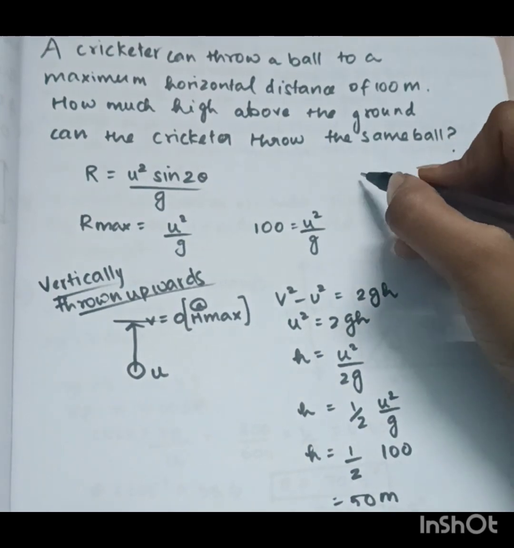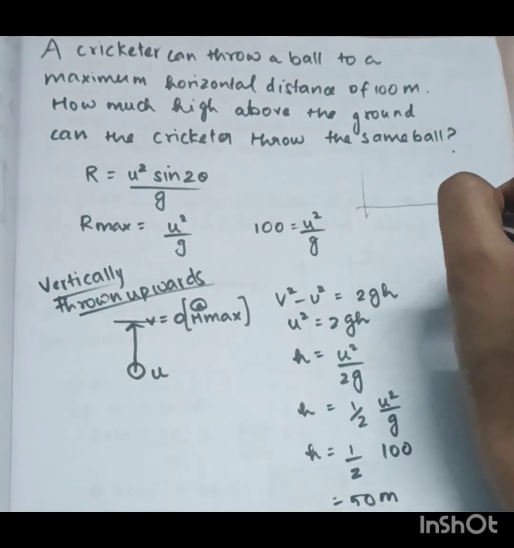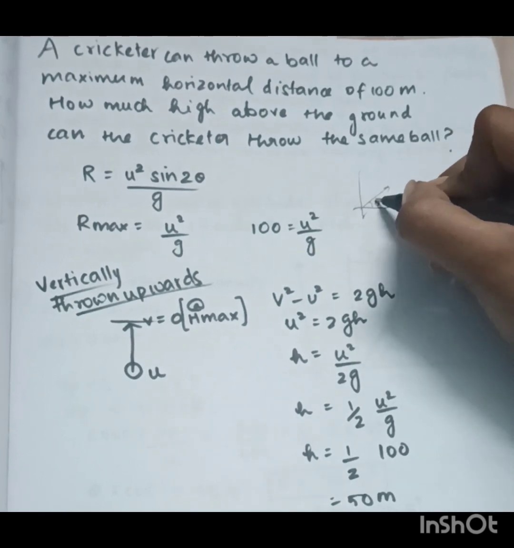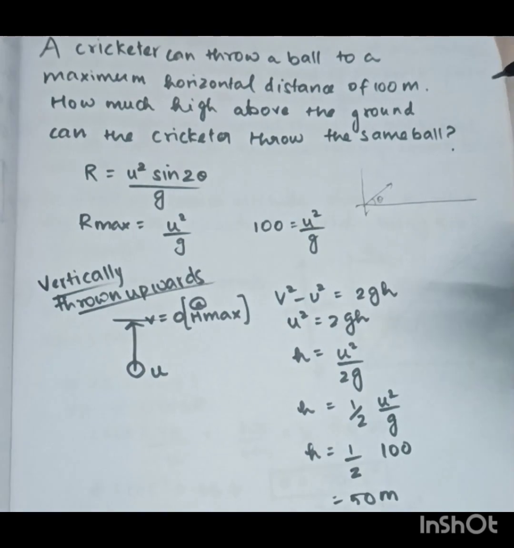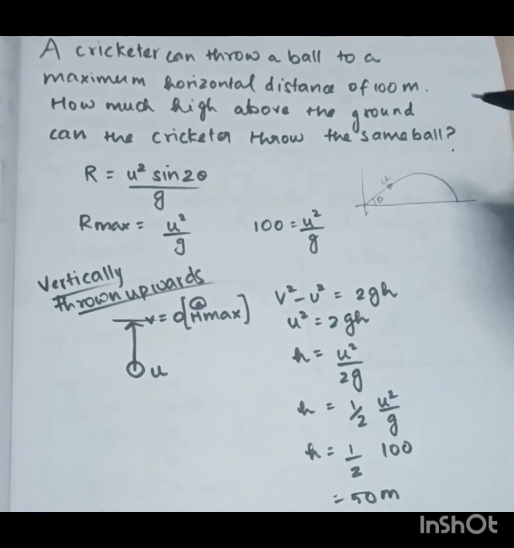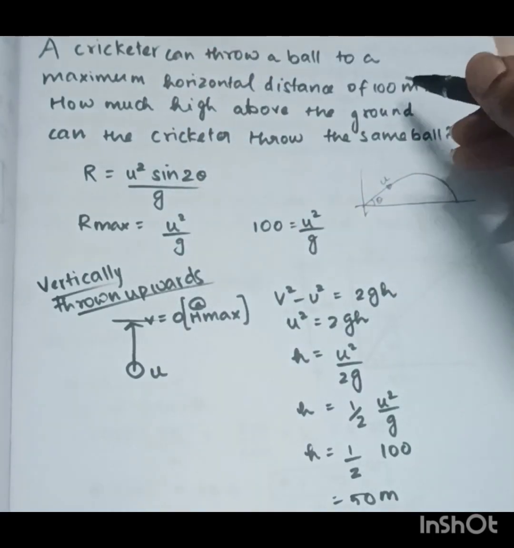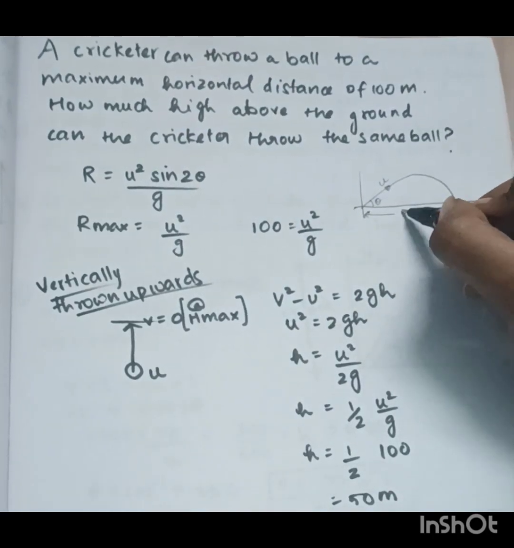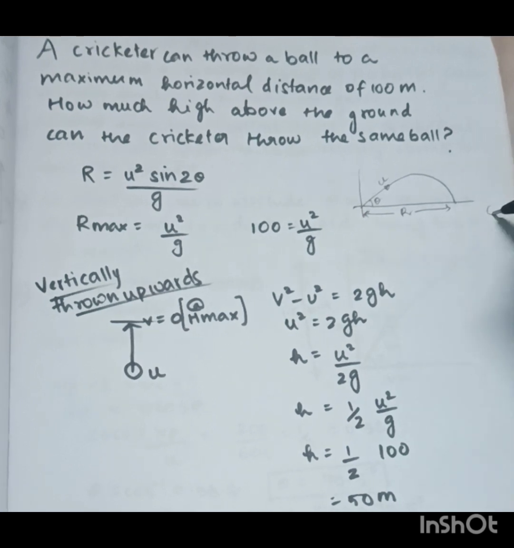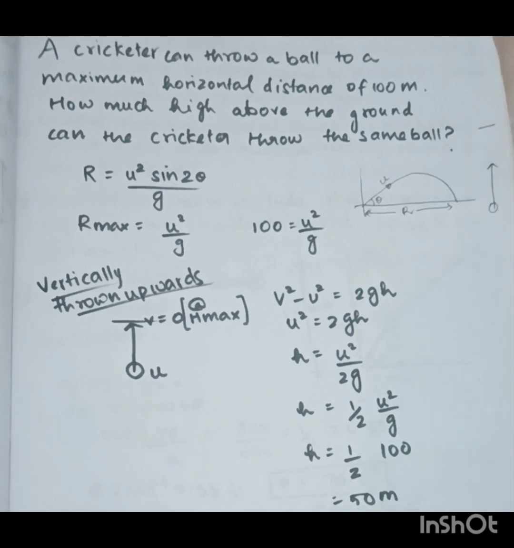So it is given that a cricketer can throw a ball at a certain angle with horizontal, let's suppose theta, with velocity u, and it covers a maximum horizontal distance of 100 meters, that is maximum range. And they are asking how much height the same ball will go if he throws it vertically upwards. So what is the maximum height they are asking?